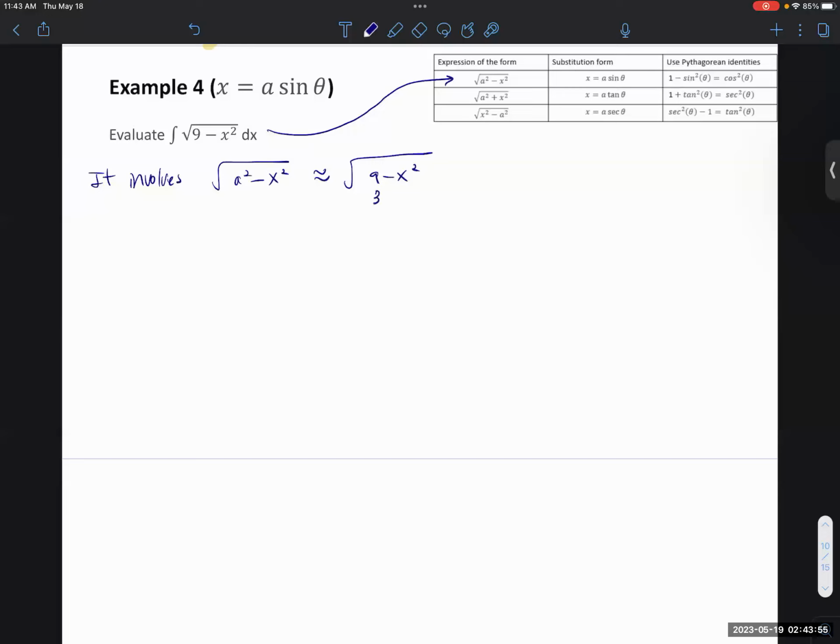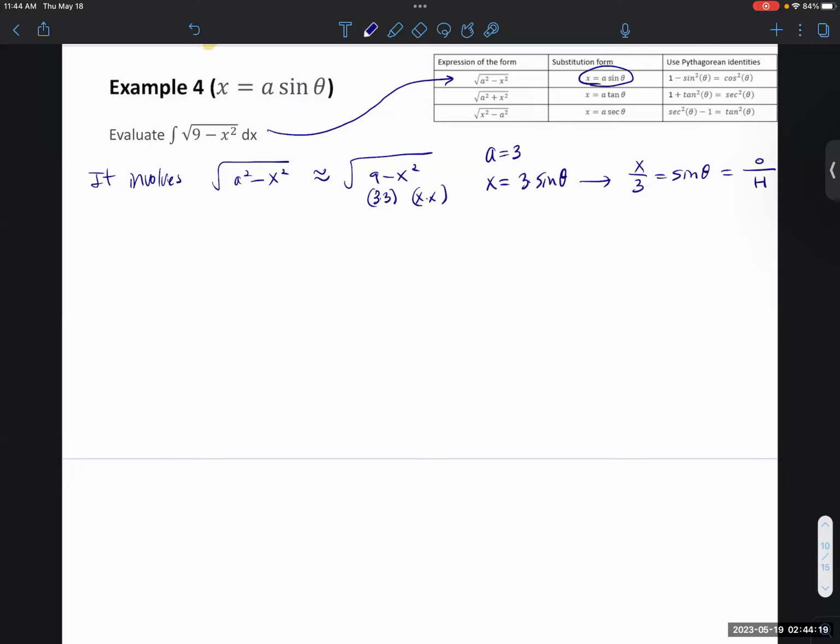And then this is 3 times 3. This is x times x. Therefore, a is going to be 3. And then x is going to be 3 times the sine theta. So you can find out here, x over 3 is sine theta, which is opposite over hypotenuse.